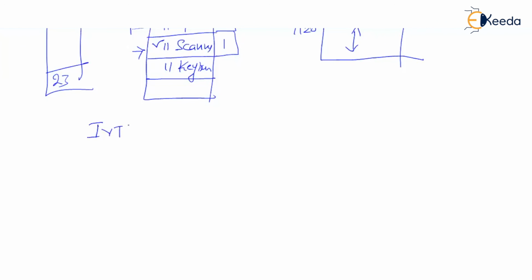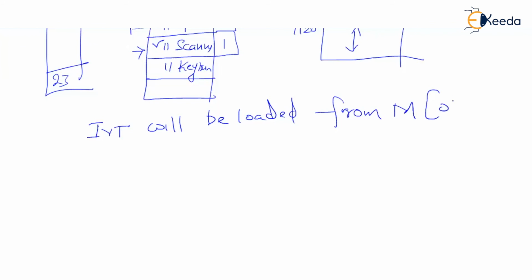The IVT will be loaded from memory 0. That means that the starting address of the main memory will have this IVT. Typically, all the processors will employ the first few hundred locations to load this IVT.